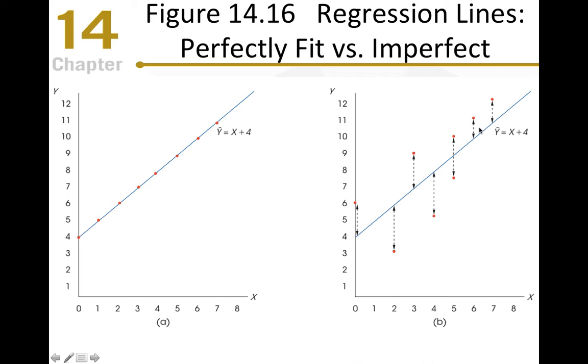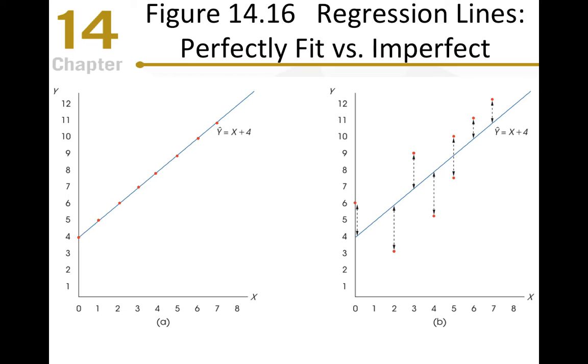What's really important to notice about these two graphs is that they have the same exact regression equation. Knowing the regression line equation doesn't provide you information about the accuracy or the error that is captured in that equation. What you need to know is the standard error of estimate.